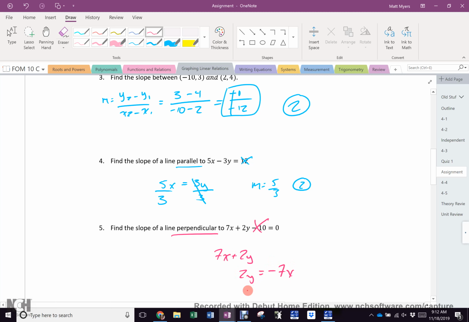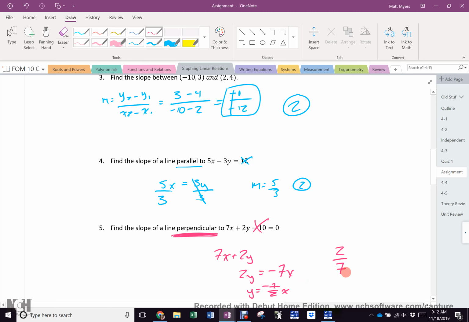And then what? Pardon me? Negative 7 over 2x. So that's the slope I have. What slope do I want? So what do I do to that? 2/7.